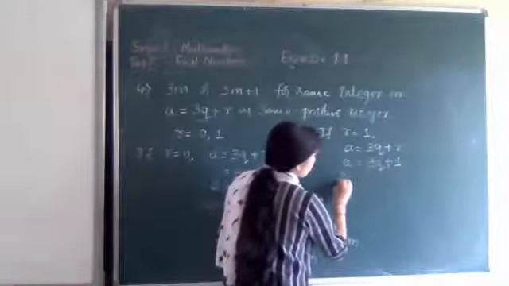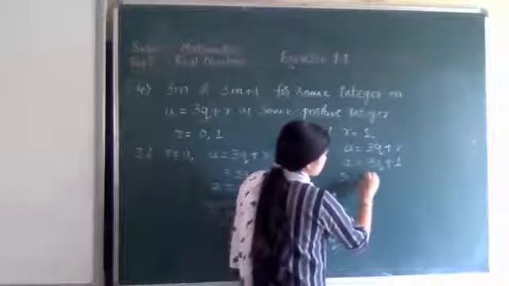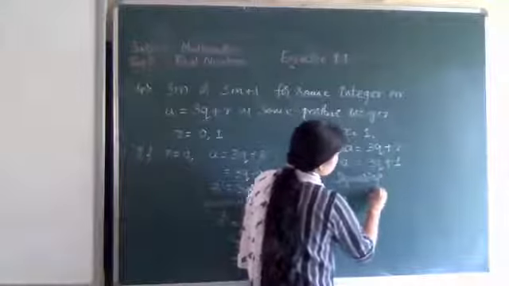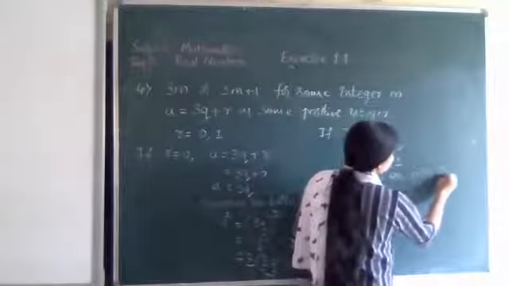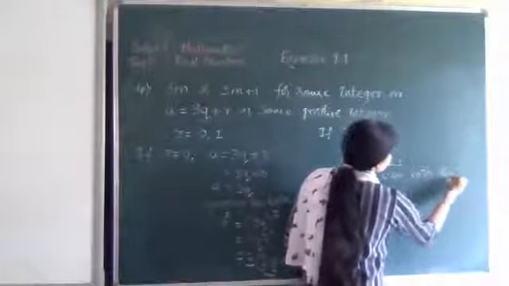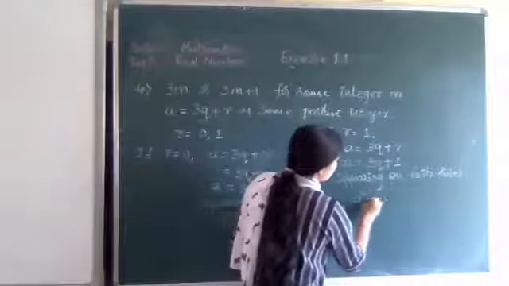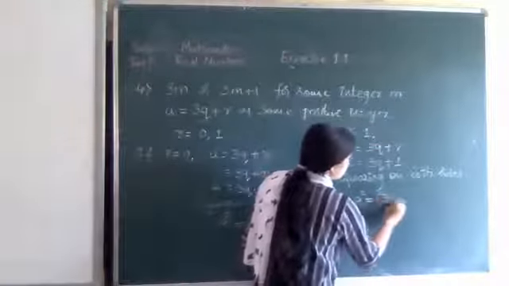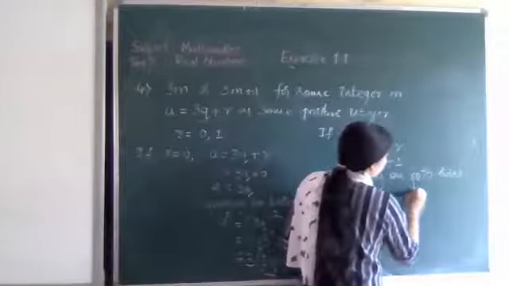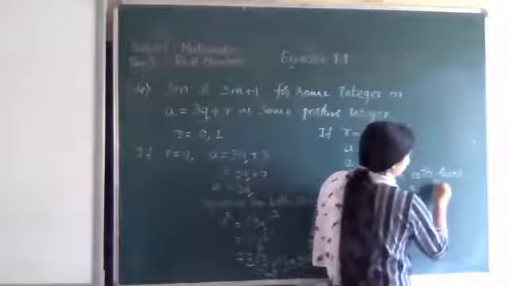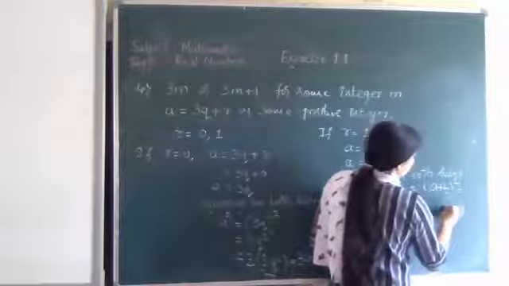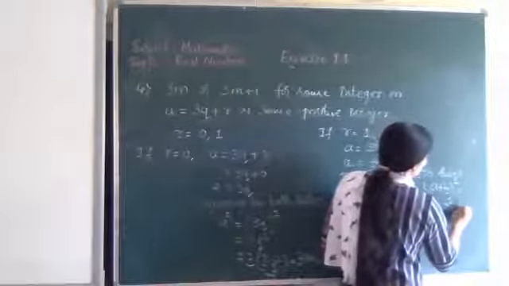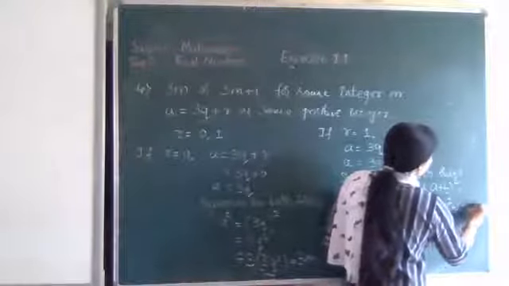If we square on both sides, what will we get? a square is equal to 3q plus 1 whole square. Here, apply the a plus b whole square formula. You already know that a plus b whole square is equal to a square plus 2ab plus b square.